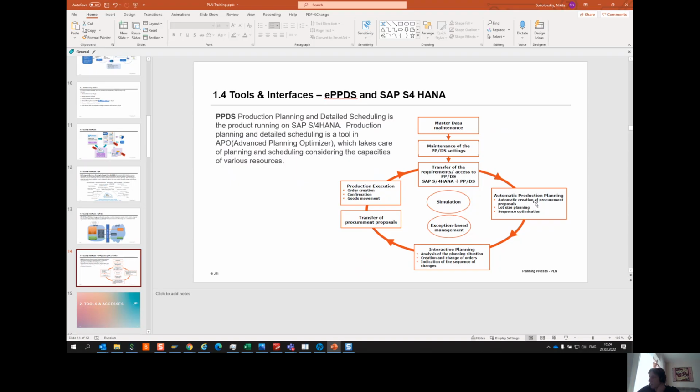We can create procurement proposals like purchase requisitions. We can plan lot size, like some material movements, stock transfer postings, and so on. We can optimize the sequence, which means using different machines, work centers, and so on. Then we can adjust this information as we go.